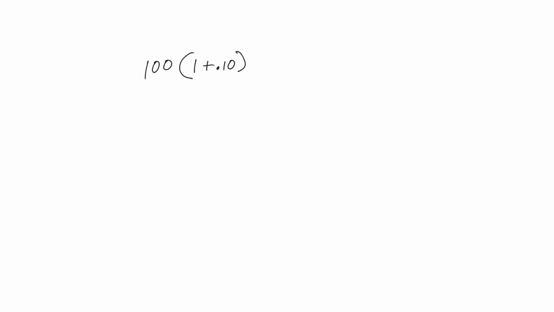And so what I end up with is 100 times 1, that's 100, plus 100 times 0.10, which is 10. So I get my principal back. I get 10% interest of the 100, and I end up with $110.